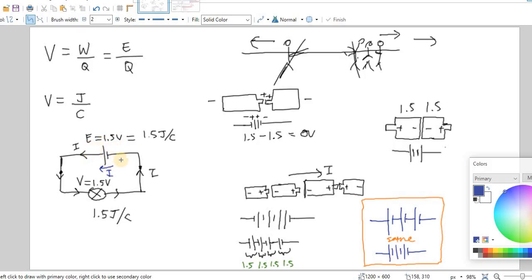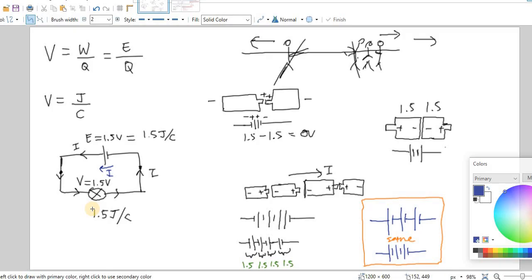So the battery or cell or power supply is like an electron pump. It pushes the electrons around the circuit. Now what happens over here is the electrical energy is converted to light energy and heat energy, because it is a lamp. When you have a lamp, it gives light energy and also gets heated. So every coulomb of charge here loses 1.5 joules of energy.